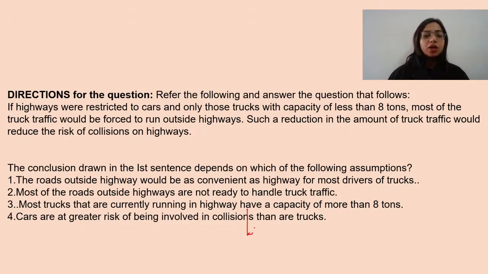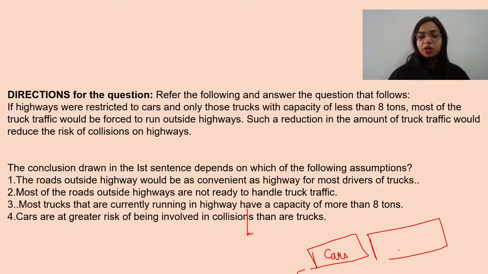If highways were restricted to cars and only those trucks with capacity of less than 8 tons, meaning small vehicles, either cars or trucks of less than 8 tons on the highway, okay, most of the truck traffic would be forced to run outside the highway.